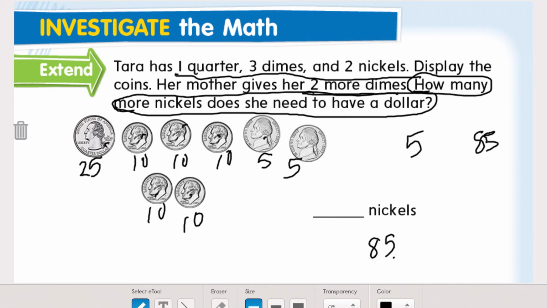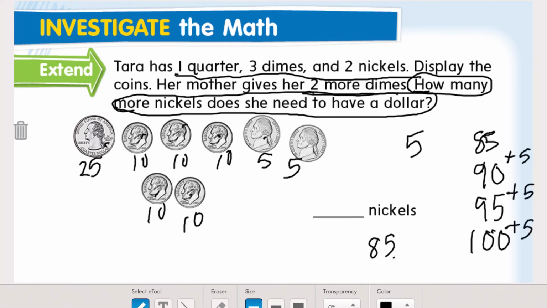100. So we have 85 plus 5 would be 90, plus 5 would be 95, plus 5 would be 100. So we had to add 1, 2, 3 nickels to get to 100 cents.